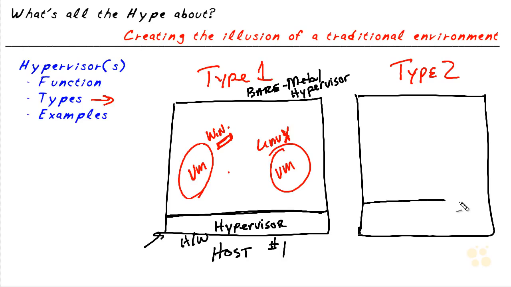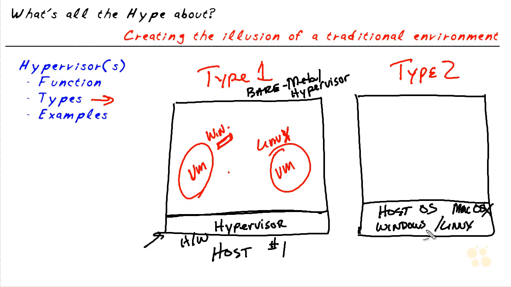A type 2 hypervisor does not run directly on the hardware, and we have some type of a host operating system. For example, that host operating system could be Windows, or Linux, or Macintosh. So whatever our host operating system, Windows, Macintosh, or Linux, that's running and installed on that computer just as if it was a normal computer.